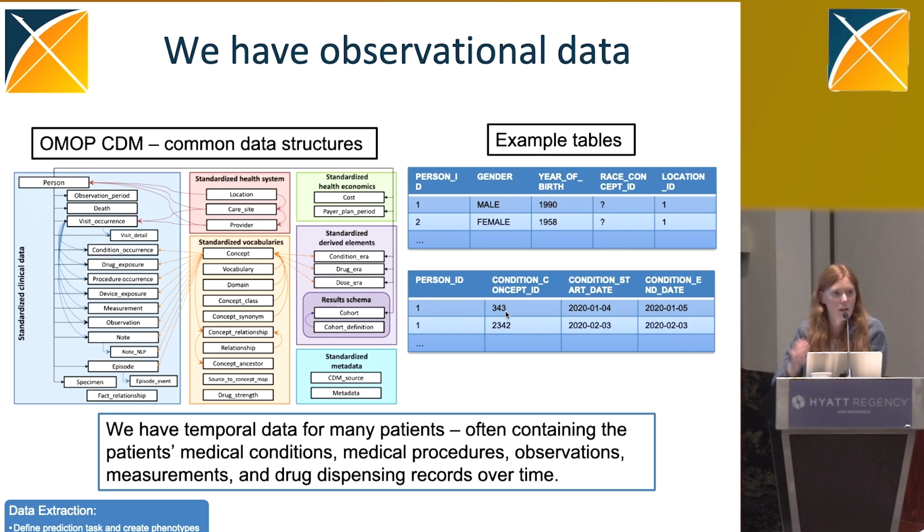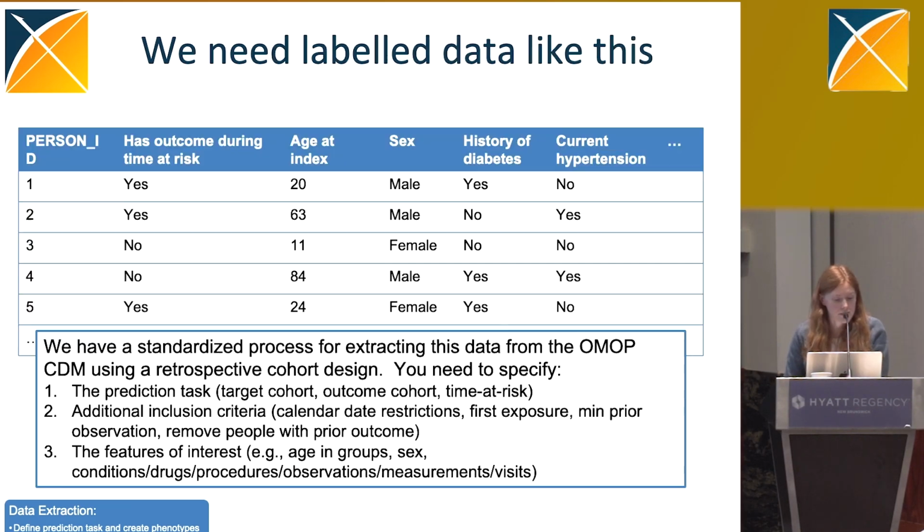This code could be diabetes, for example. And then you know when they started that and when they ended that. So this is the condition table, but we have these date stamped entries for drugs and procedures. So effectively, we just have temporal data for each person in our database. And we need to take that and convert it to the labeled data for our prediction task of interest.